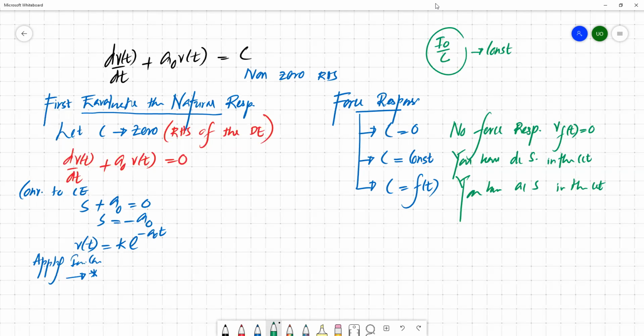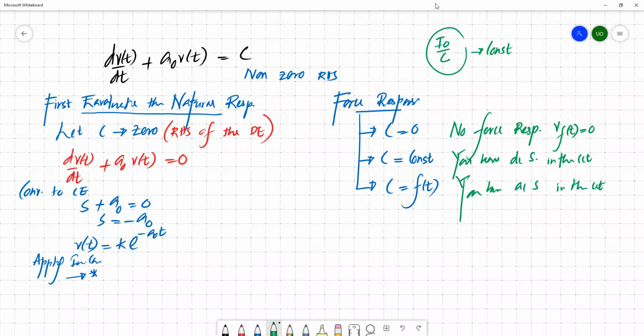If C equals a time varying function, you have AC sources in the circuit. So these three scenarios or categories can be identified. C equals 0, no external sources, forced response is 0. C becomes a constant, then you have DC sources in the circuit.